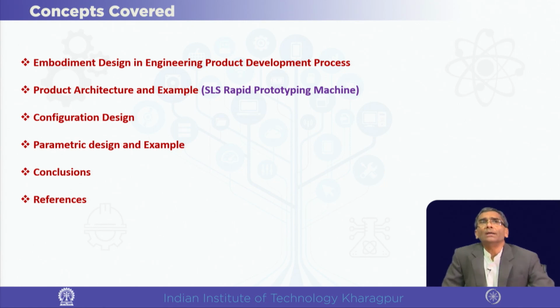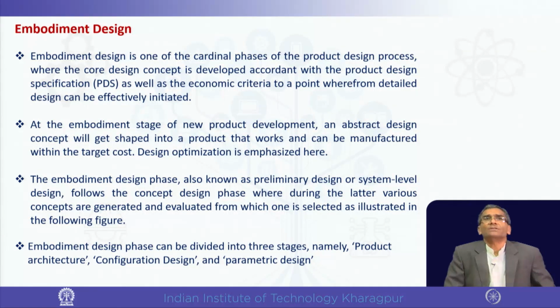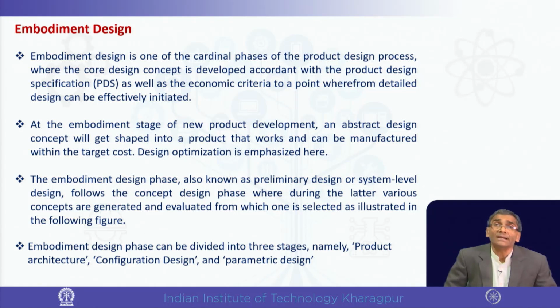As we proceed, first let us have a broad idea of what embodiment design is, then its components, product architecture, configuration design and parametric design, will be discussed. It is one of the cardinal phases in product design. As you would recall, we had functional design, then conceptual design, then embodiment design, and then we will proceed to detailed design, but for now we will go up to parametric design in this session.